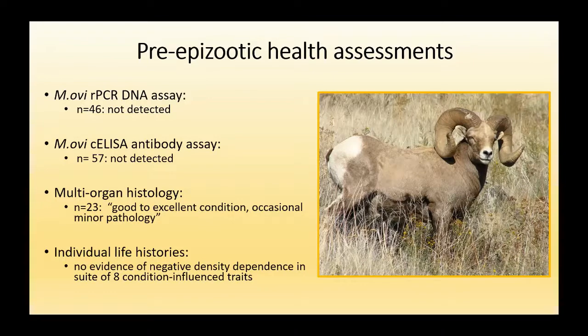No evidence of any negative density dependence in a suite of 8 condition-influenced traits, typically reproductive traits, but also included in that number would be horn growth rate among rams.